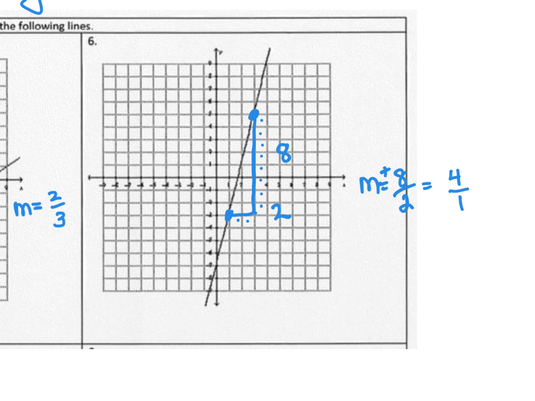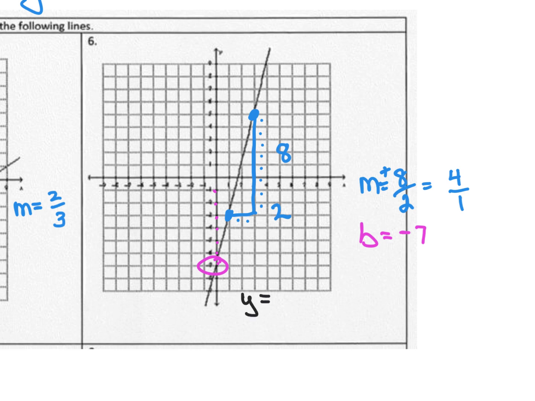Okay. Where does this line cross the y-axis? That's way down here. So that's 1, 2, 3, 4, 5, 6, 7. So our y-intercept is -7 on the y-axis. Let's go ahead and put this together. Let's do it in black.